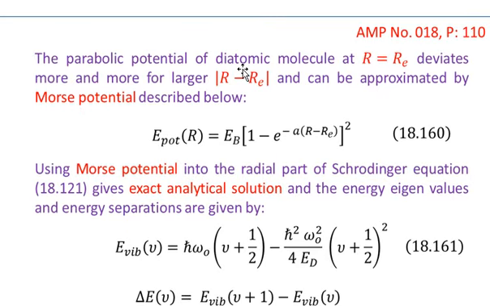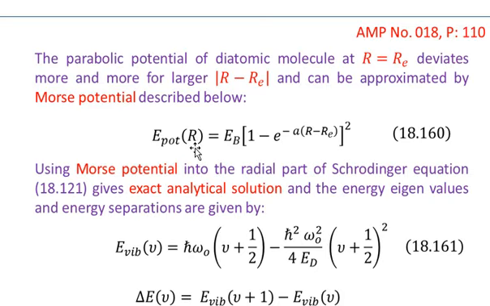The parabolic potential of a diatomic molecule at r equal to Re deviates more and more for larger absolute values of r minus Re, and can be approximated by the Morse potential described below. So you see that the Morse potential is a very important and very famous potential, which I am mentioning for the first time in this course on molecular physics.